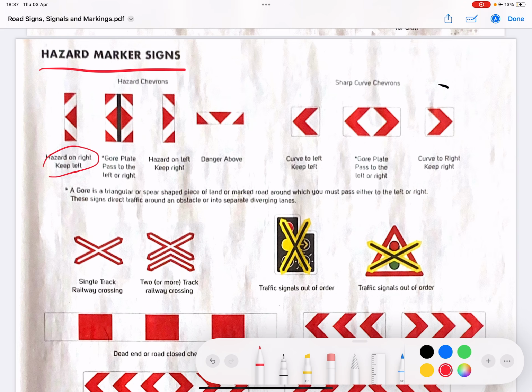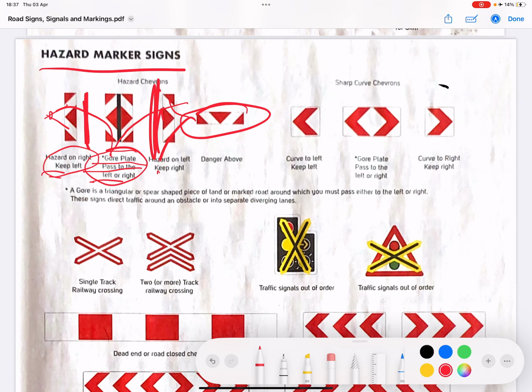So, hazard on the right, keep left. There's danger on the right, keep left. Hazard, keep left. So here you must either go left or go right. Here, danger this side, go this way.